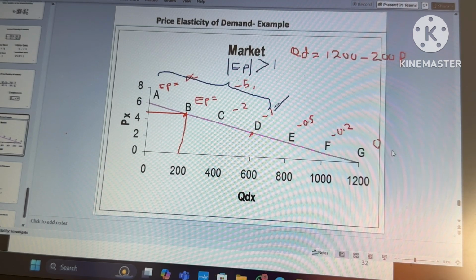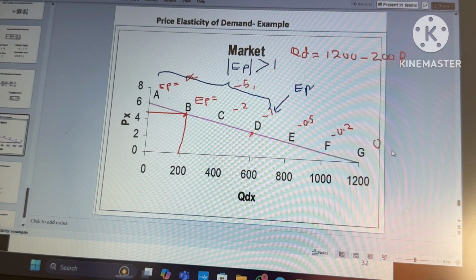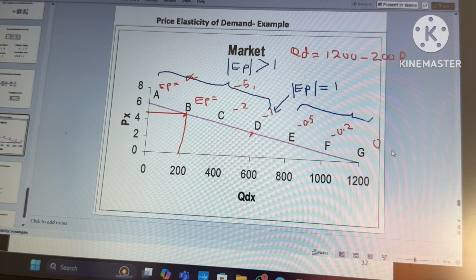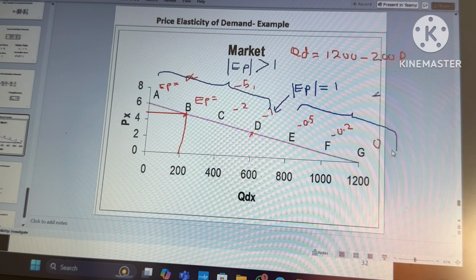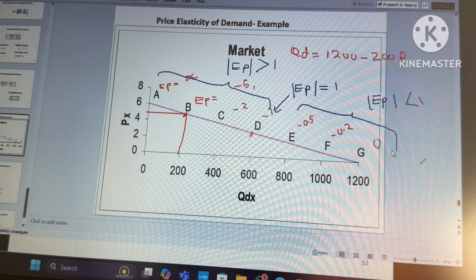At the midpoint, elasticity in absolute terms is equal to 1. Below the midpoint, this segment, elasticity in absolute terms is less than 1. Okay? Right. So I think that you can note it down.